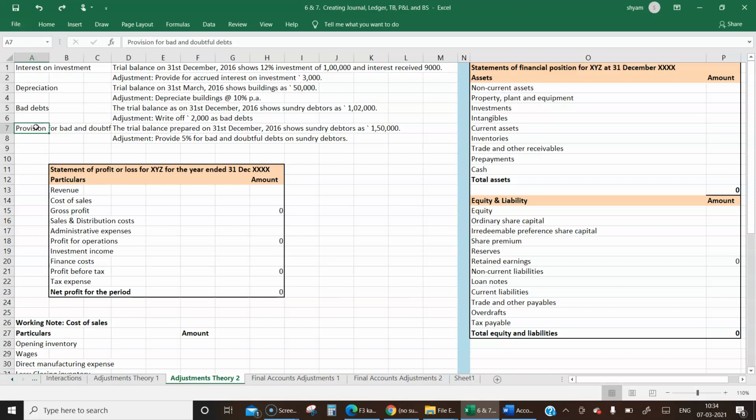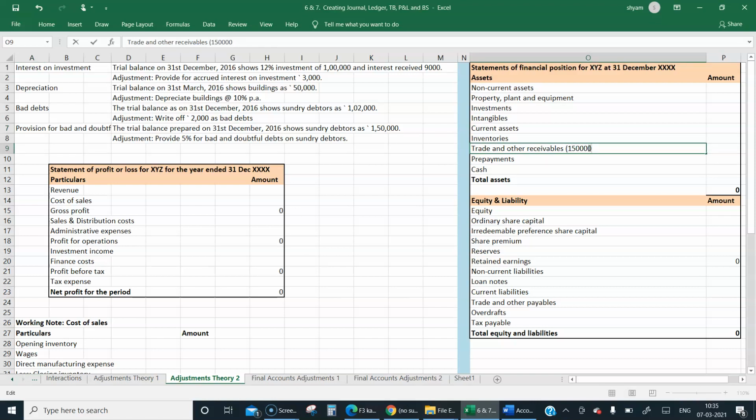You know that you have sold goods on credit, and you feel that your debtors might not pay you on time, and your bills receivable cannot be collected. So what you do is you create a provision that they might not be collected. Again it works very similar to bad debts.